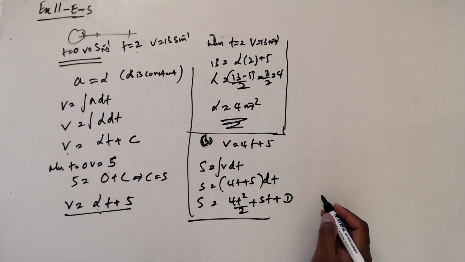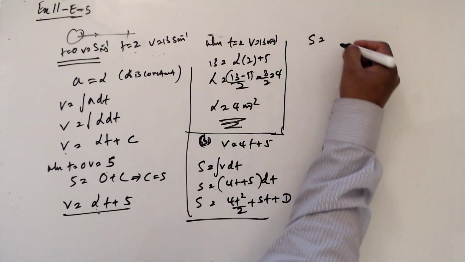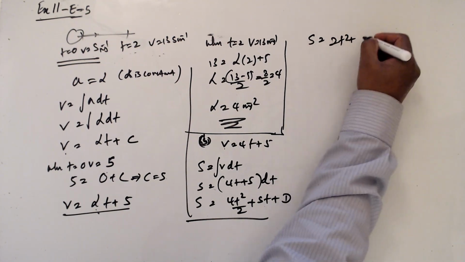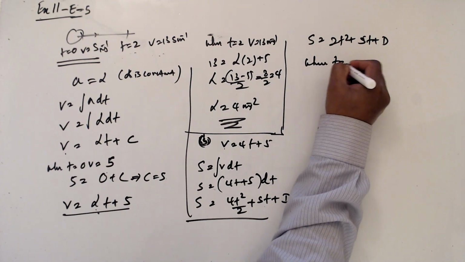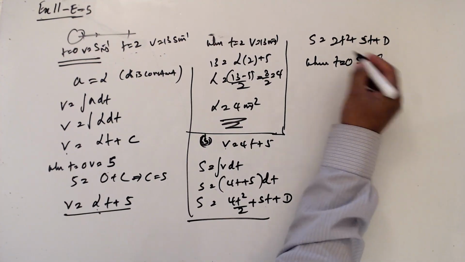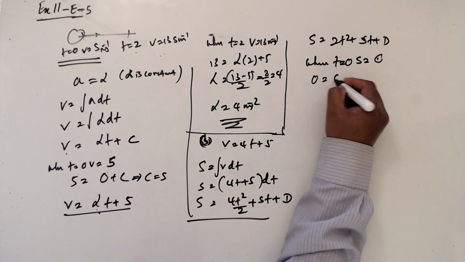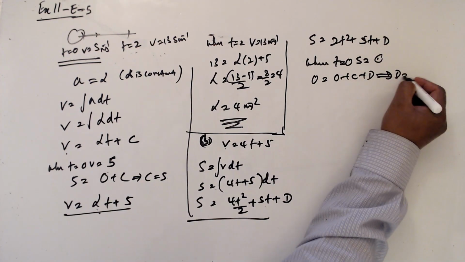I'll rewrite: s equals 2t squared plus 5t plus D. When t equals 0, displacement has to be 0. So 0 plus 0 plus D, that implies D equals 0.